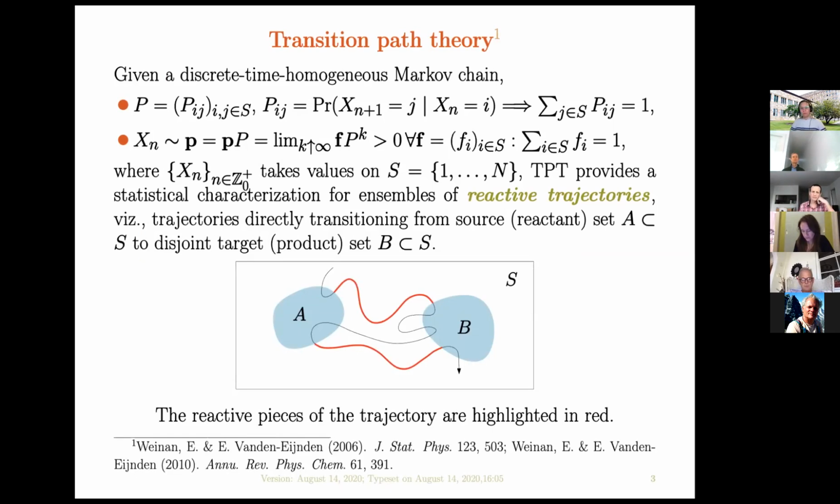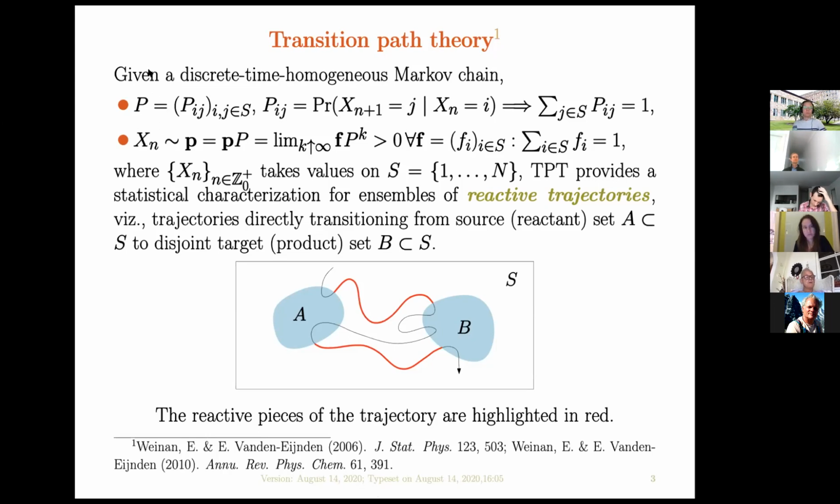So this is the basic setup, transition path theory. This follows the ideas introduced by Wijnen and Eric van den Eijnden in the papers that I'm pointing out here. What we have is a Markov chain, discrete time, homogeneous. What do I mean by that?